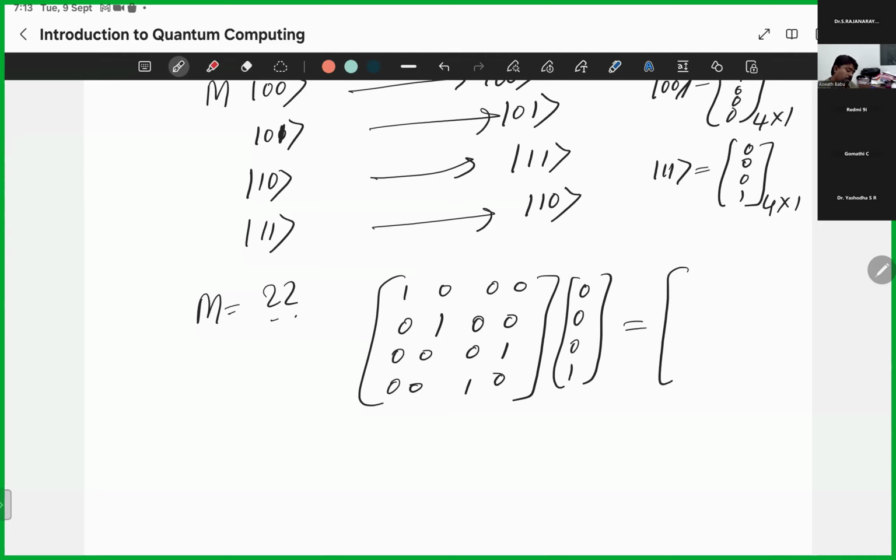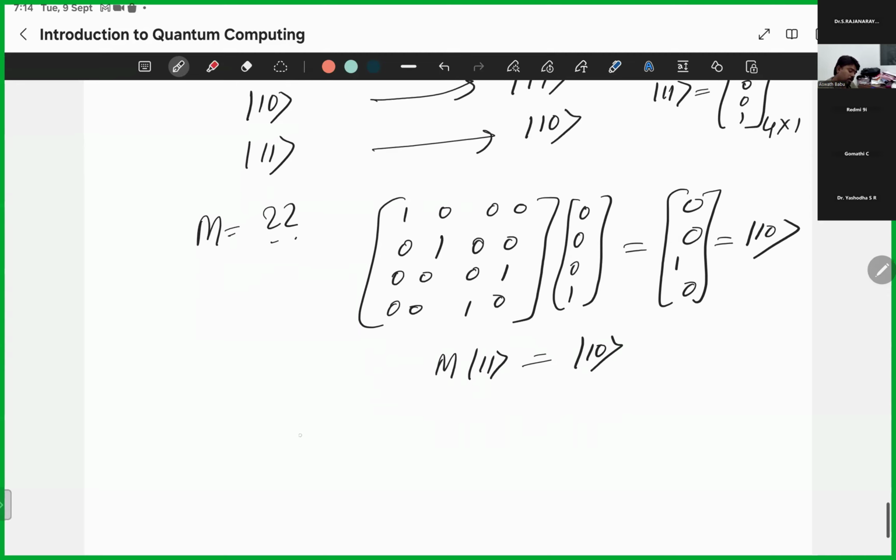If you multiply, 0, 0, 1 and 0, this is equal to (0, 0, 1, 0). So M acting on 1, 1 gives 1, 0. Perfect. We are getting that. So this is called the controlled NOT gate.